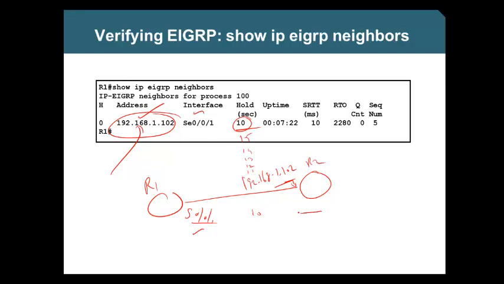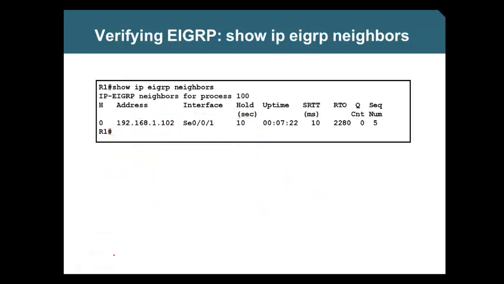Immediately a hello packet comes and then it gets reset to 15 again. This should not go down less than 10. If it goes, what is going to happen? Once it hits 0, the neighbor will get removed. It's a nice countdown mechanism. It starts from 15 always. When the hello comes on time, no problem, it will never hit 0.